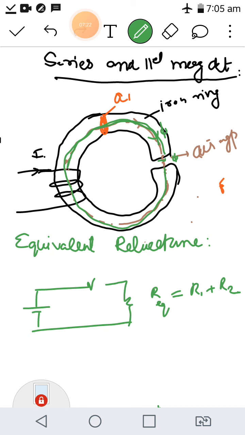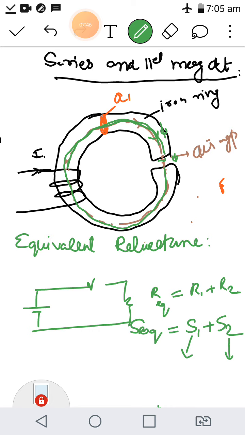Similar is the case for the magnetic circuit. If the magnetic circuits are connected in series, the equivalent reluctance is always equal to S1 plus S2, where S1 is the reluctance of one material, one path, and S2 is the reluctance of another part of the series circuit.